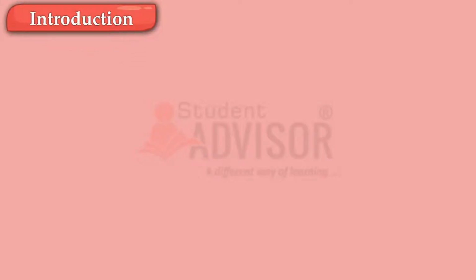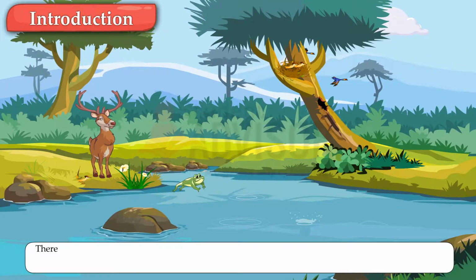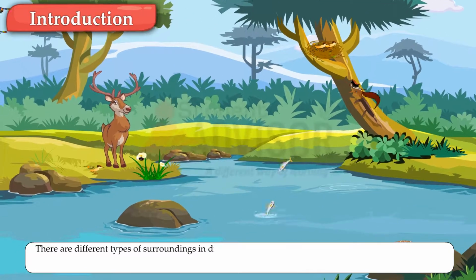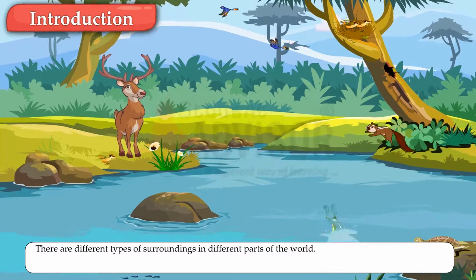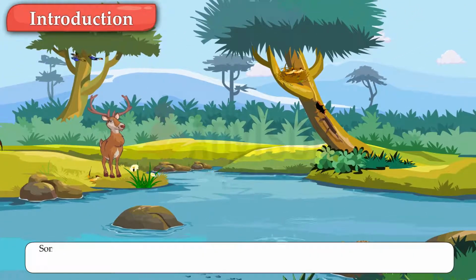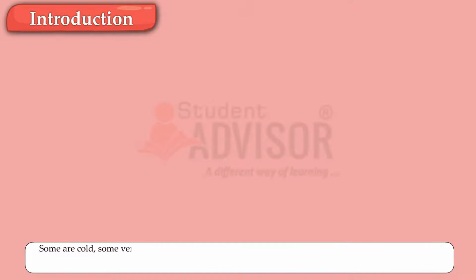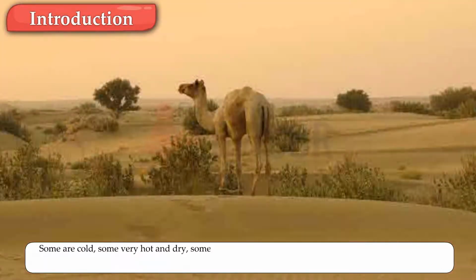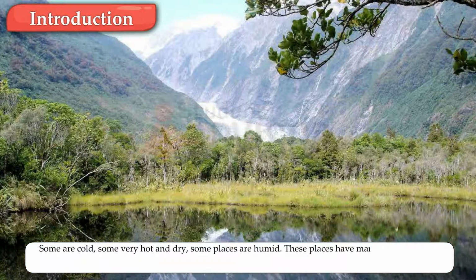Introduction. There are different types of surroundings in different parts of the world. All the places are different from one another. Some are cold, some very hot and dry. Some places are humid. These places have many organisms of various kinds.